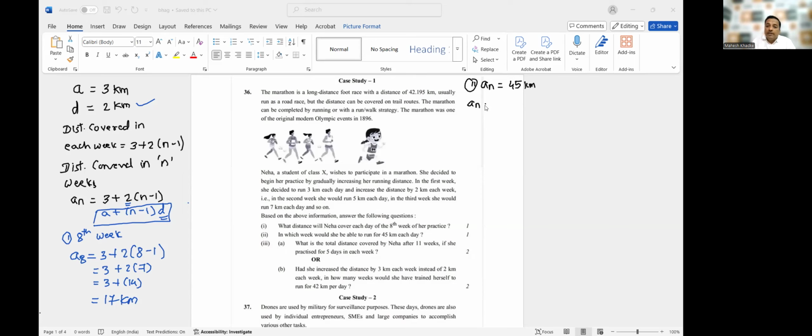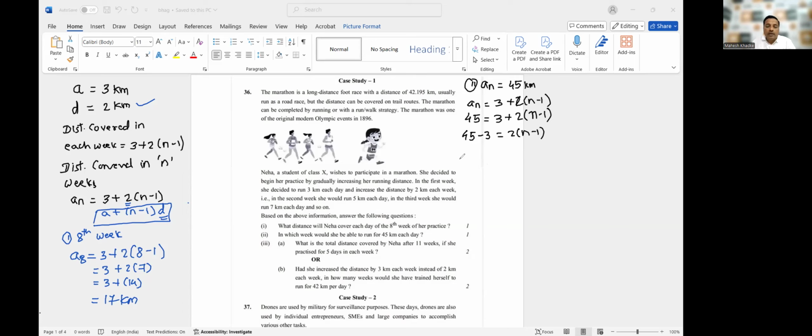Okay, so the formula is an is equal to, what formula did we make? 3 + 2 (n - 1). So the value of n, this is 45, 3, this 2 as it is, n - 1. We have to find n, means the number of weeks. So 3 shifts that side, it becomes minus: 45 minus 3 is equal to 2 (n - 1). 45 minus 3.